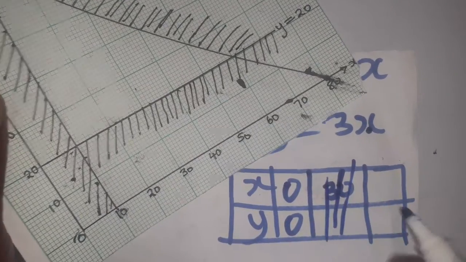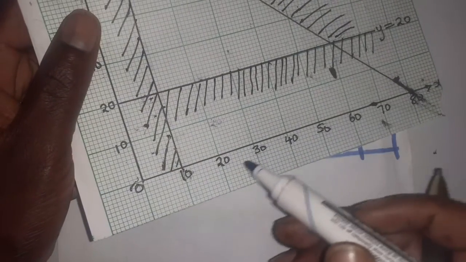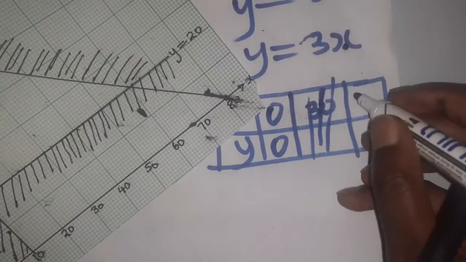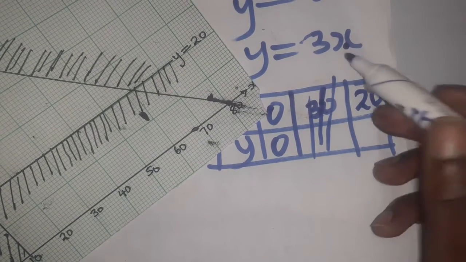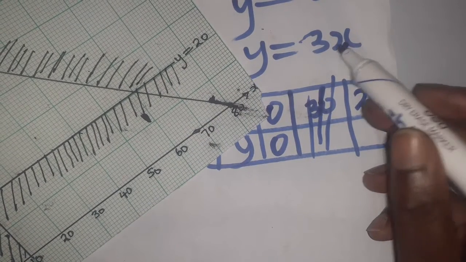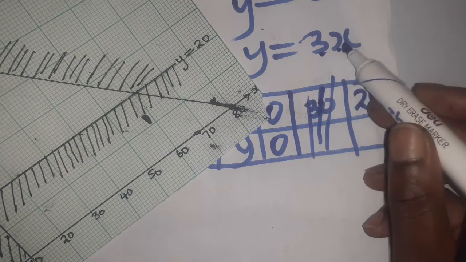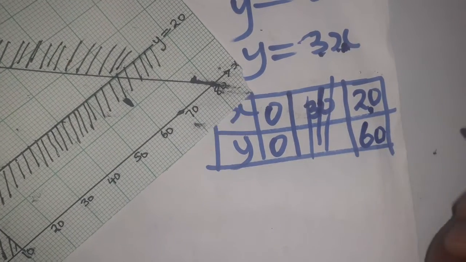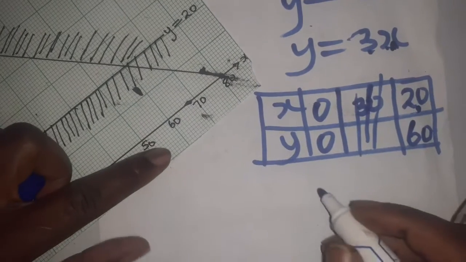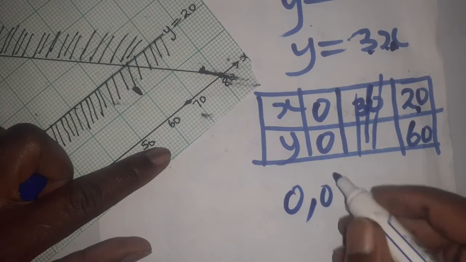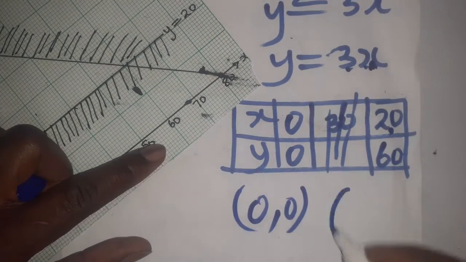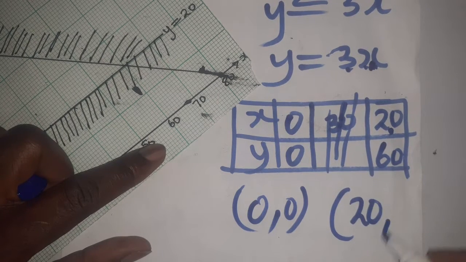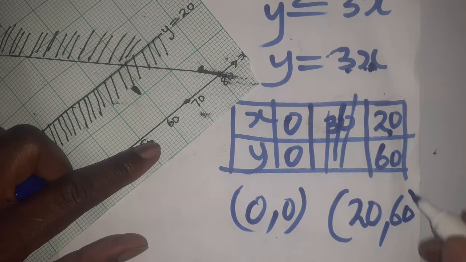So you need to pick something like 20. When I put 20 where there is x, it means 3 multiplied by 20. What do I get? I get 60. So what are my coordinates? The coordinates that I have now are (0, 0) as well as (20, 60).